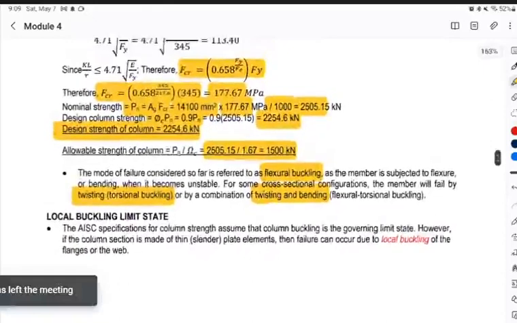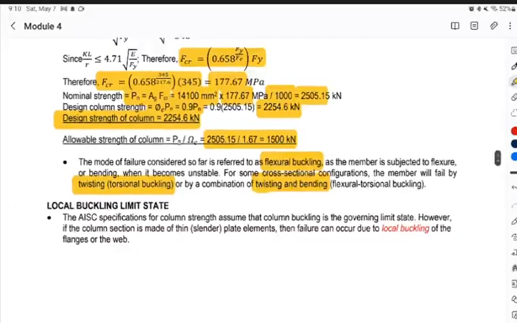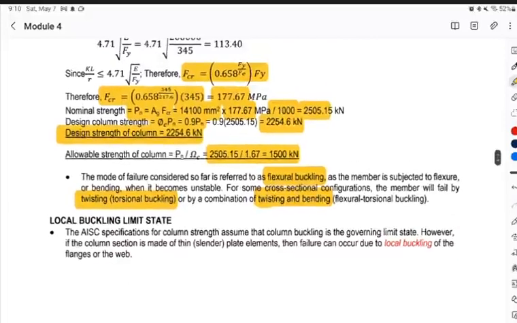Okay, now we consider the local buckling limit state. Okay, sabi ng AISC, the column strength assumes that column buckling is the limit state. However, sabi daw, the column section is made of thin or slender plate elements. Di ba? Our wide flange, our widely used column member.